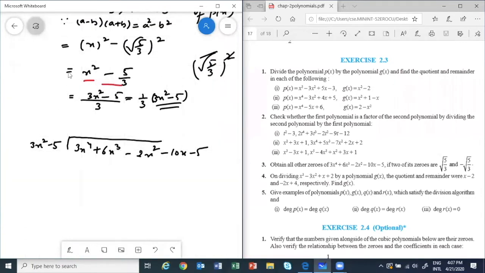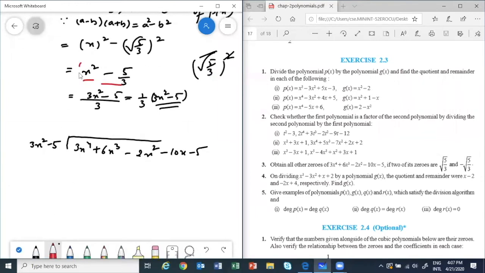You are asking why we can't take it as it is. Instead of 3x square minus 5, I could have taken x square minus 5 by 3, but then I would get rational numbers, and it will be difficult to add and subtract and proceed in the division.